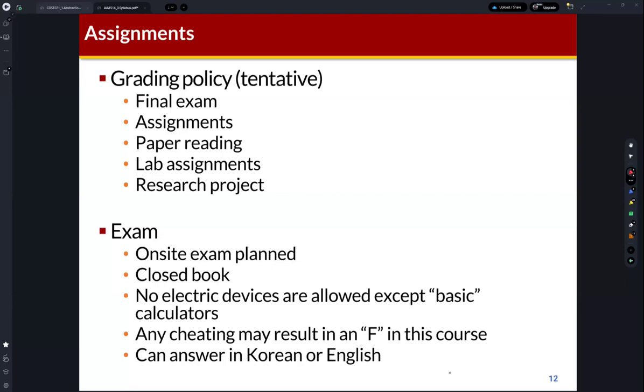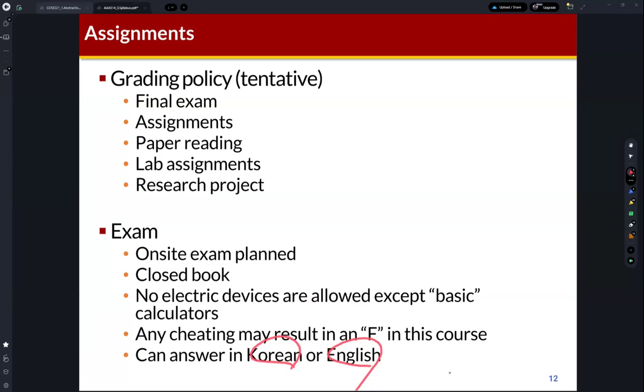The exam is an on-site exam, closed book. You can answer in Korean. Even though this is an English-taught course, you don't need to use English during the classes, so you can answer in Korean.